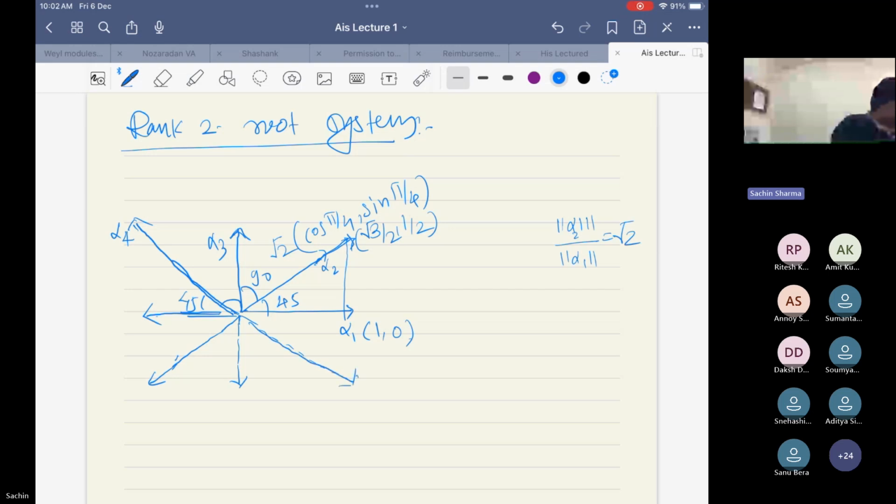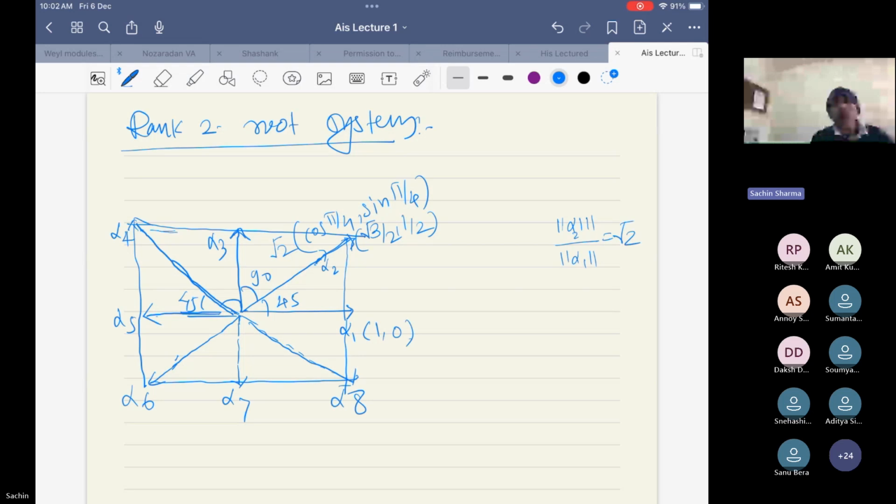That's how you complete your square. This is alpha 1, alpha 3, alpha 5, alpha 6, alpha 7, alpha 8. Yes, this is indeed a root system.